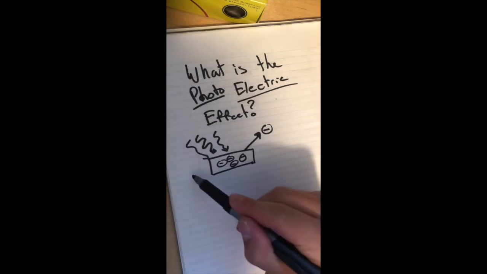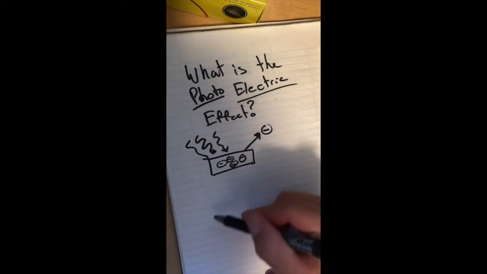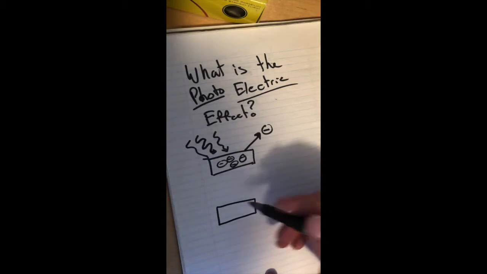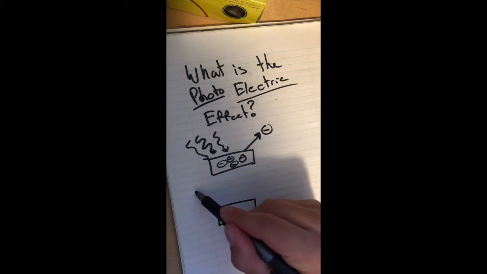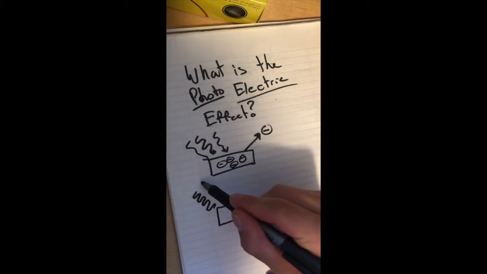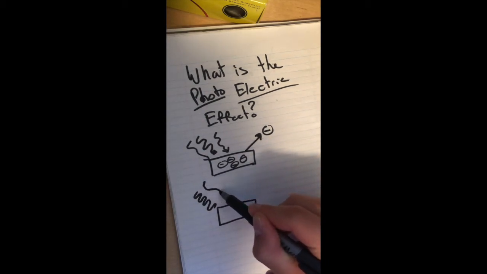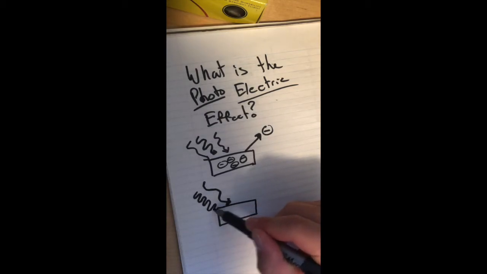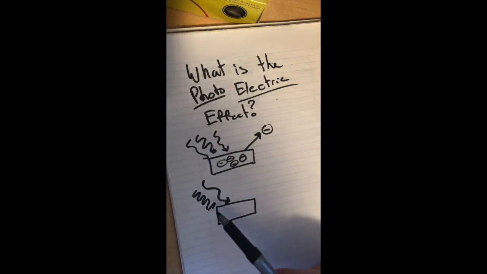So it could be a wavelength, I'm going to draw another one here, just down here. Okay, it could be a wavelength like this with a really small wavelength, or it could be really long wavelengths of light.